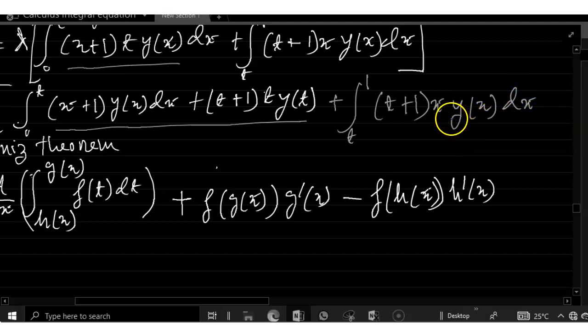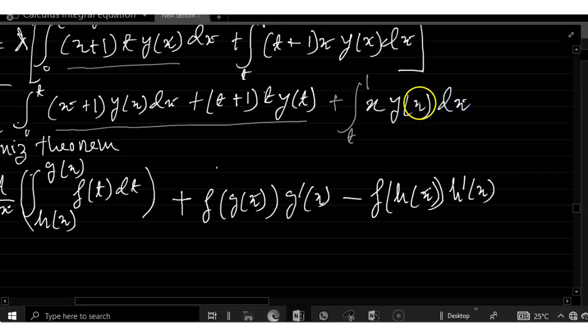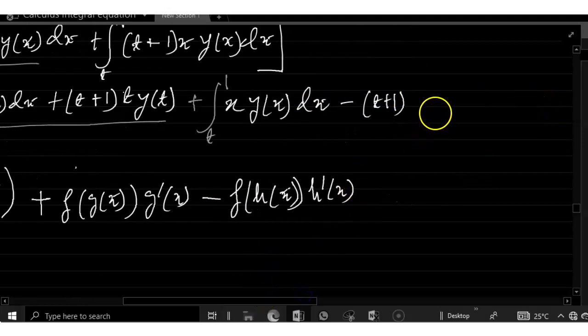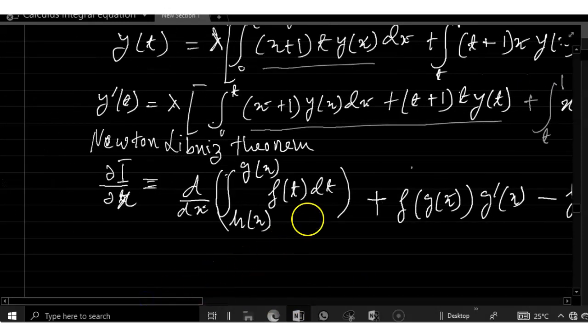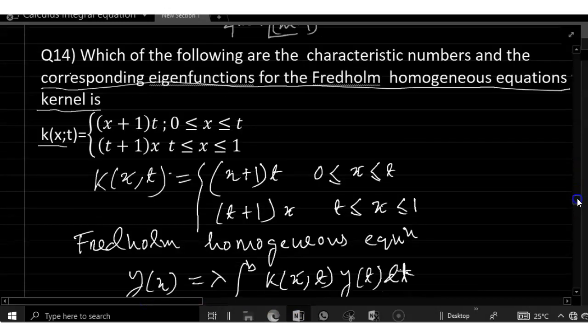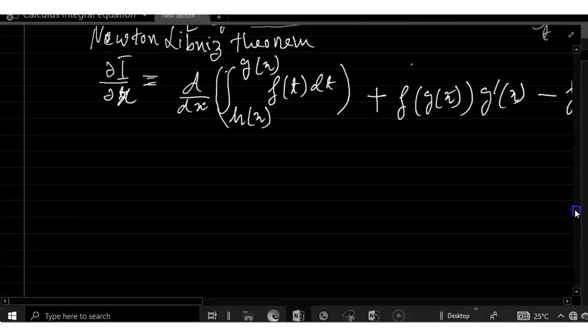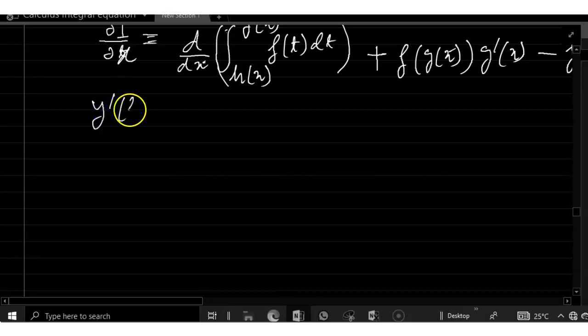It is not t plus y, so t plus y will vanish, so it can be written only x yx dx minus t plus 1 yt. So this is my total formula.